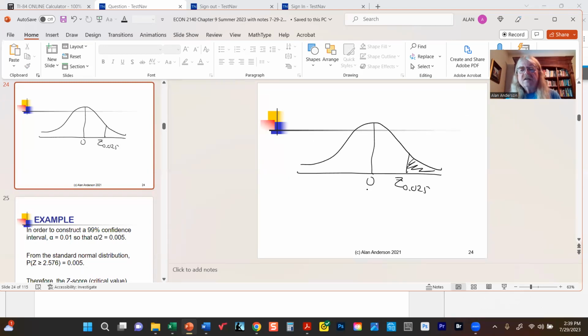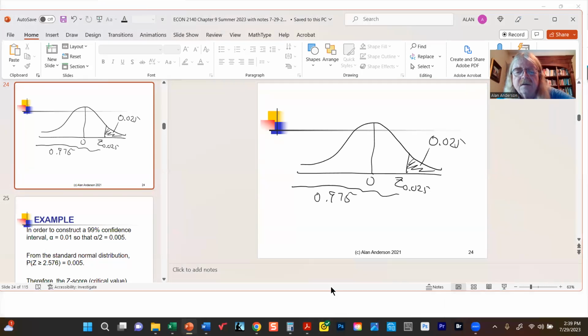I have 2.5% in the right tail. Everything below that has an area of 0.975, since we know that they must add up to 1. Now, I can do one of two things. I can look it up in a table. What I need to do is look in the body of the table for 0.975.